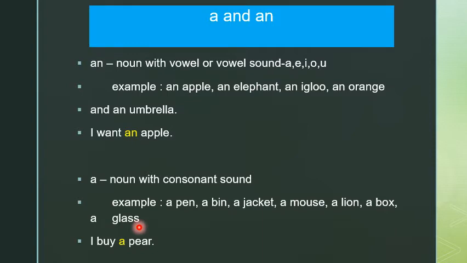So you have to use a before the noun with consonant sound.